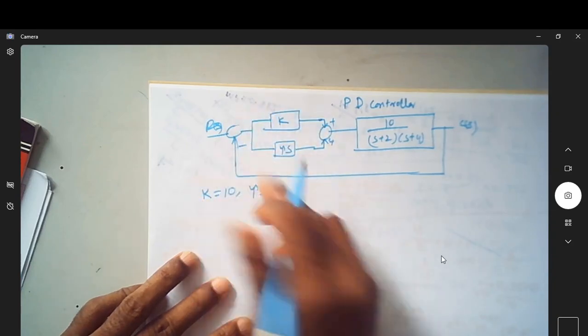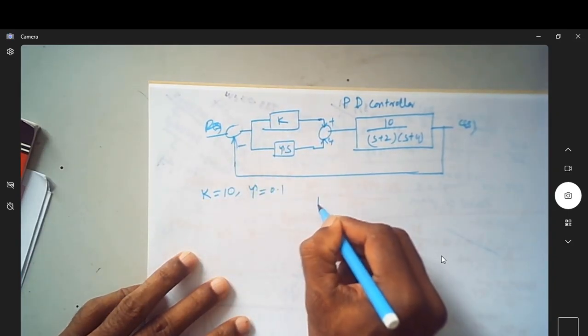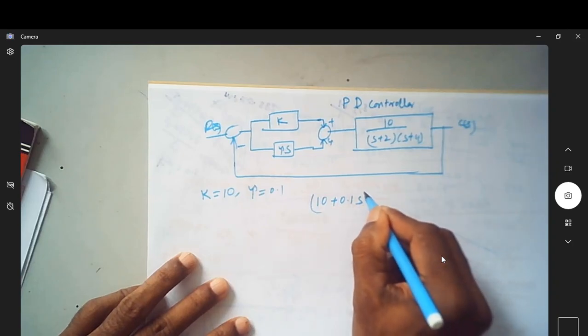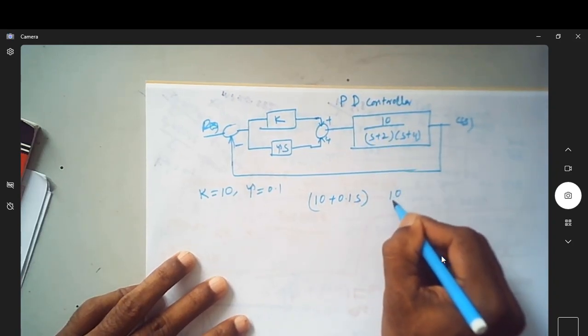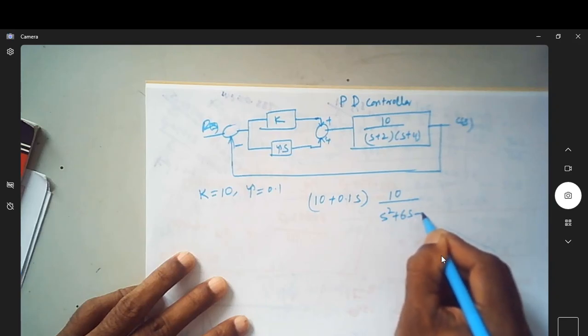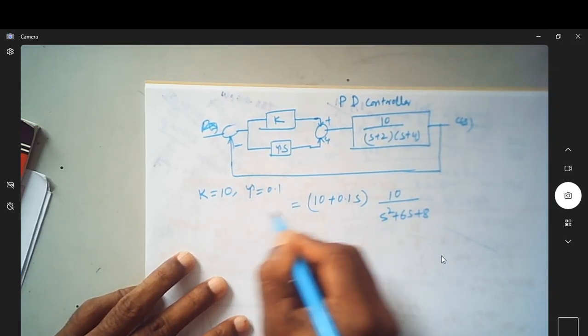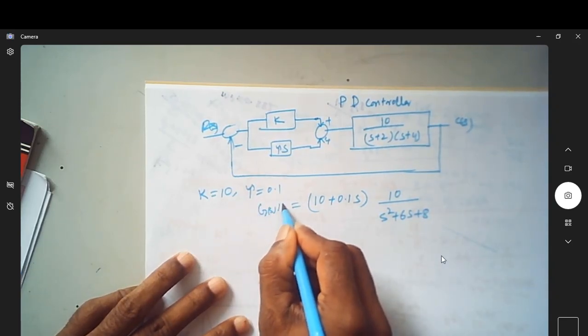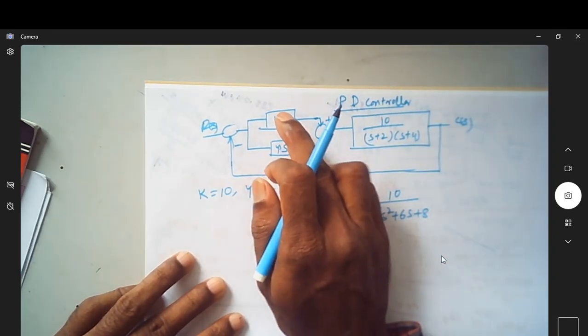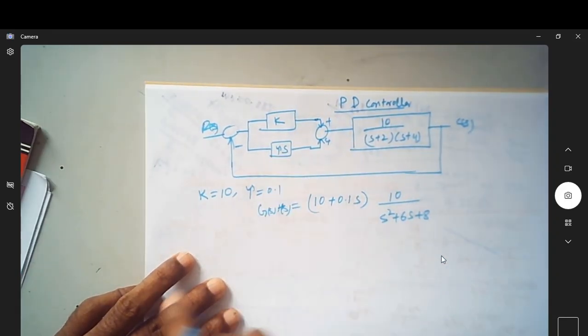So does this block represent 10 plus 0.1 S? Yes. Is that coming in series with this 10 by S square plus 6S plus 8? Is this my G of S into H of S by including a proportional controller and a derivative controller?